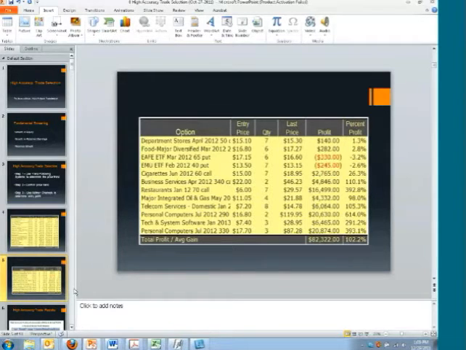So both of these portfolios are outperforming the major stock indexes. The S&P index as of today, second to last trading day of the year, so it's been almost a whole year, is just about flat on the year.